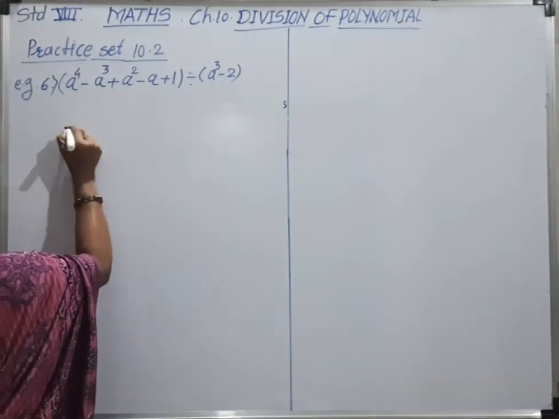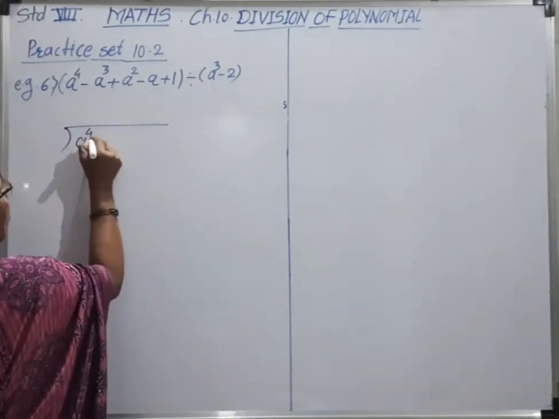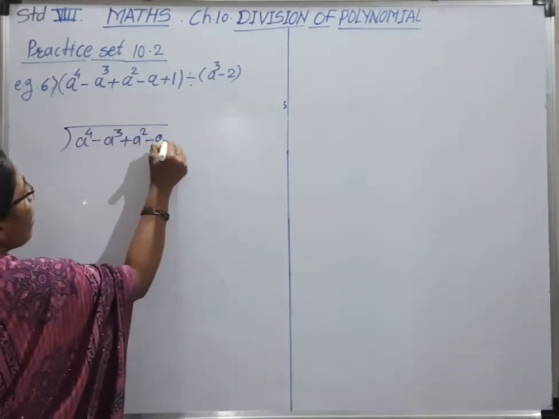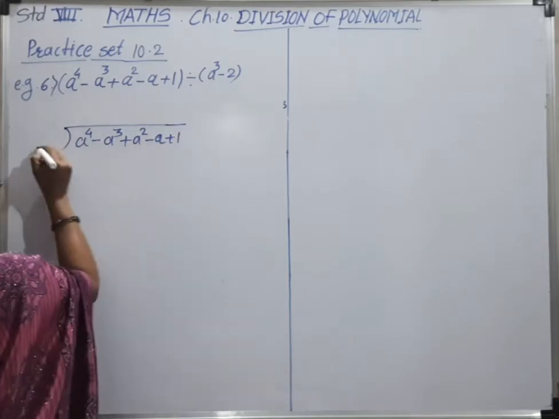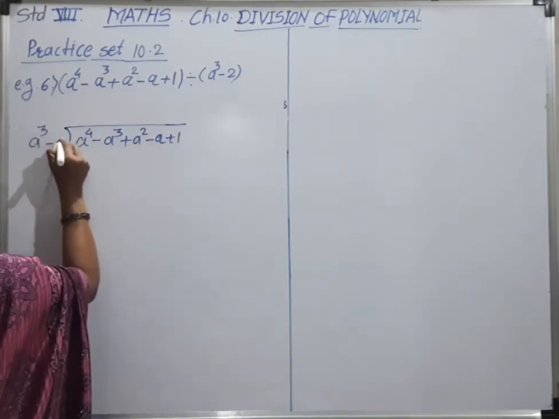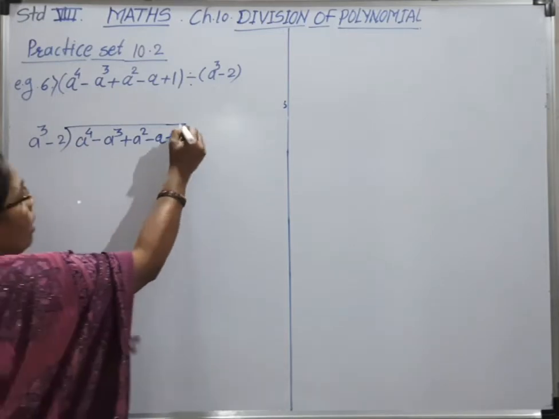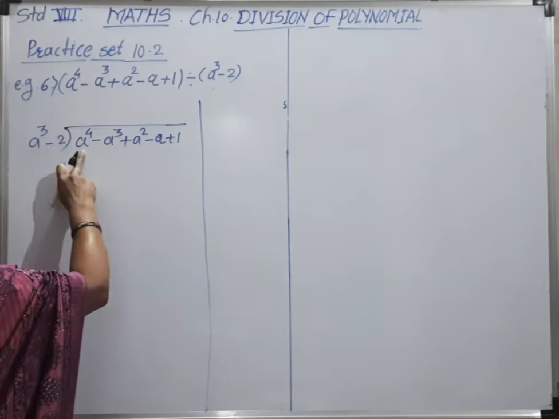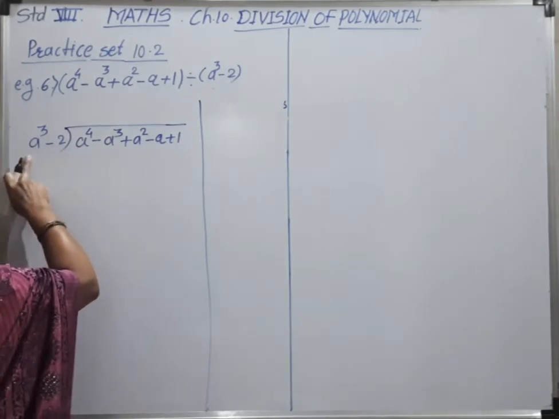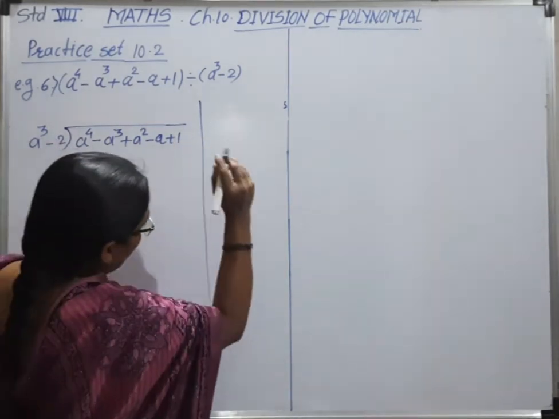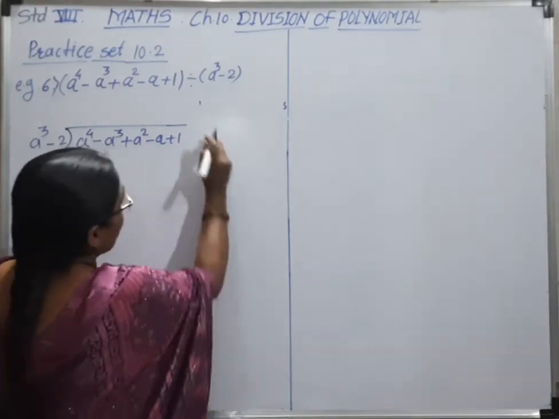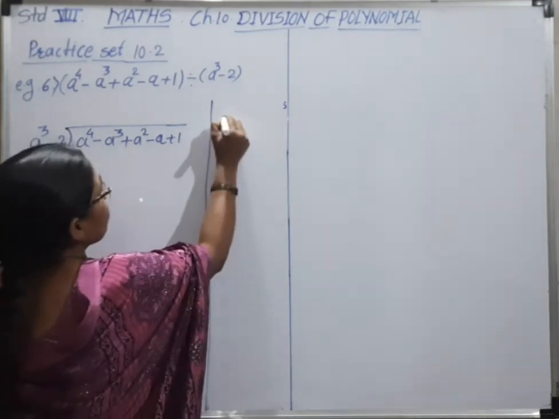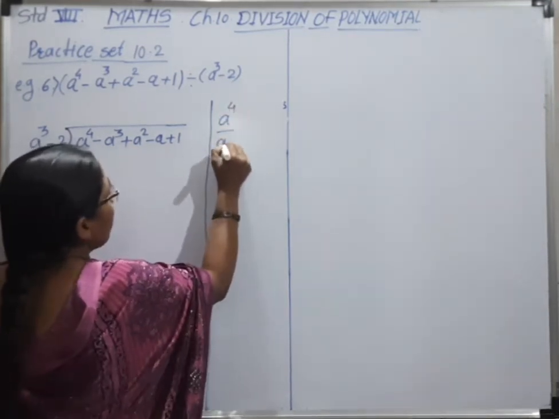So here a raised to 4 minus a cube plus a square minus a plus 1 divided by a cube minus 2. Every time, first take the first term of the dividend and divide by the first term of the divisor. So here it will be a raised to 4 divided by a cube.